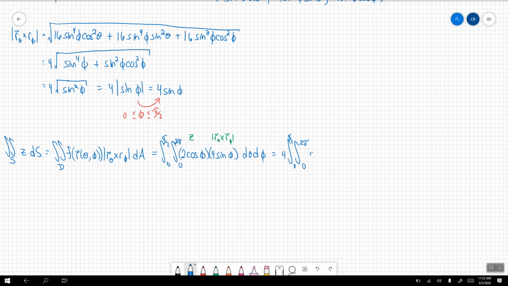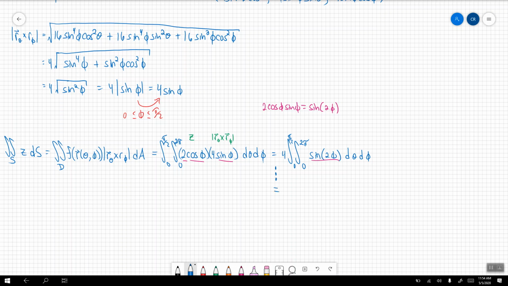So that double angle is going to be sine of 2 phi, and this is going to be d theta d phi. So I used that 2, that cosine, and that 4 to become this double angle. Awesome. Now all we have to do is integrate this, and integrating that should not be too difficult.